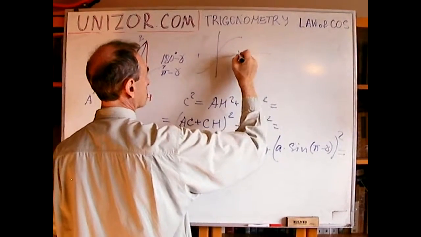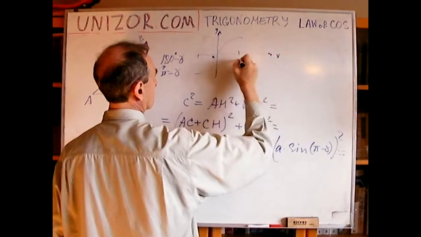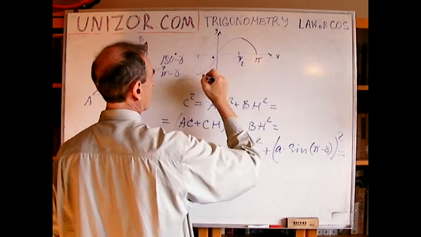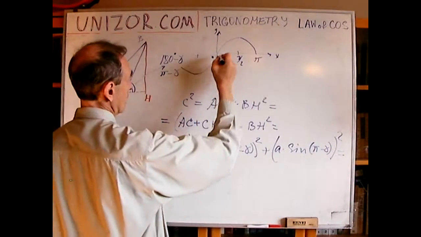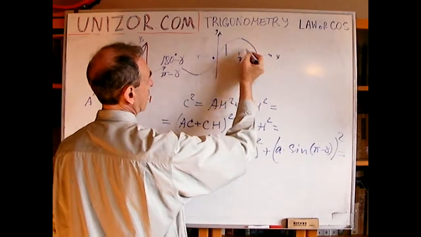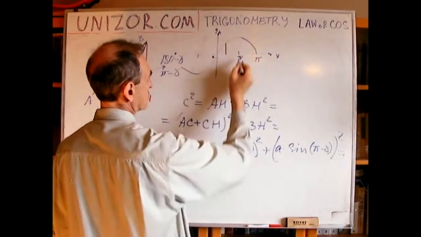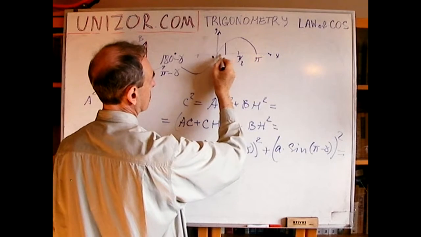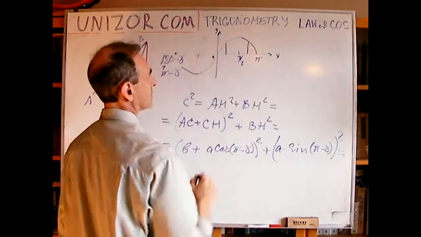Now, the sine looks like this. This is 0. This is pi over 2. This is pi. Now, if you have this angle, this is the sine. The graph is symmetrical relative to the line through pi over 2. So if you go with the same segment from pi to the left, you will get exactly the same.